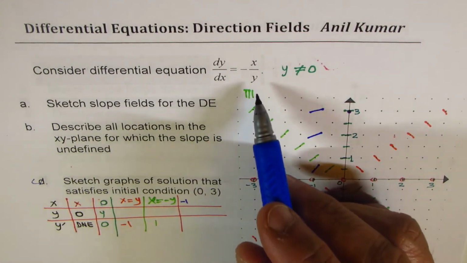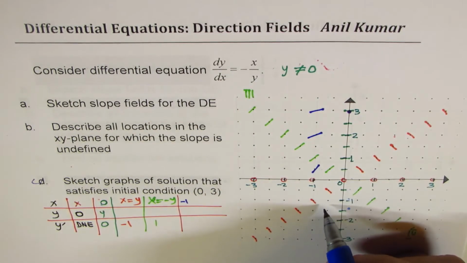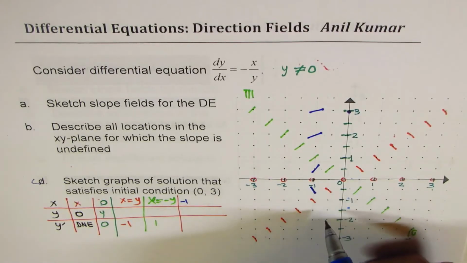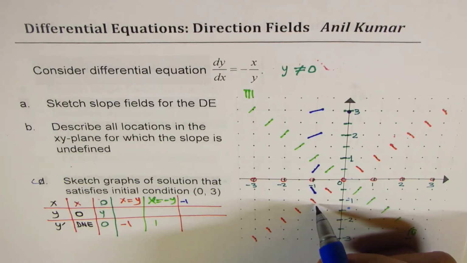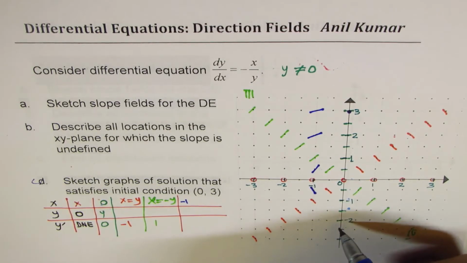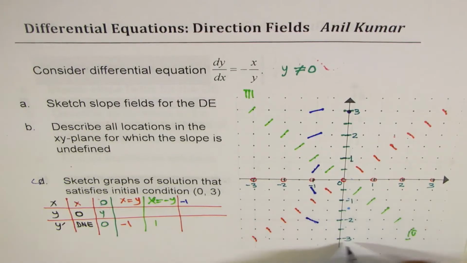But if the y value is negative, then the slope becomes negative. For half, it becomes negative 2, steeper, right? For 1, we have already drawn negative. And if it is 2, then it becomes half, less steep, but negative.